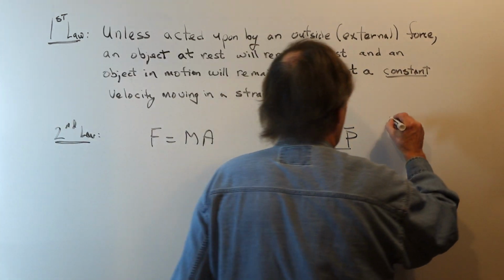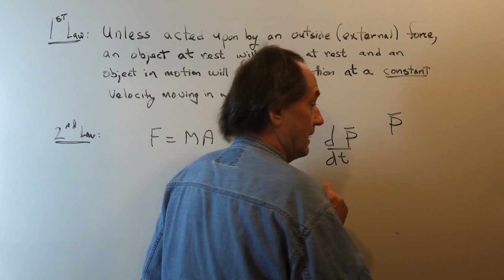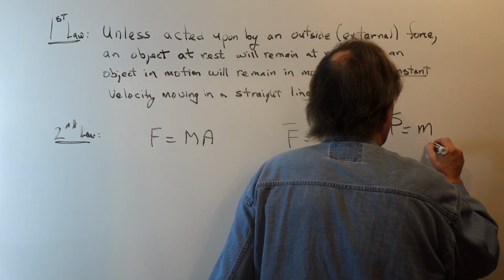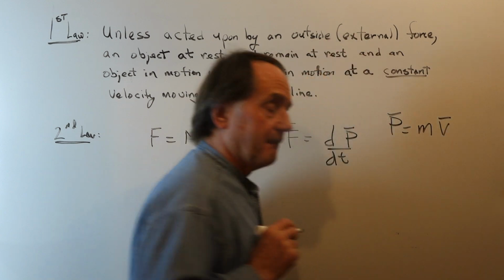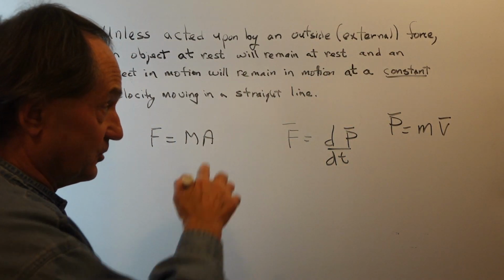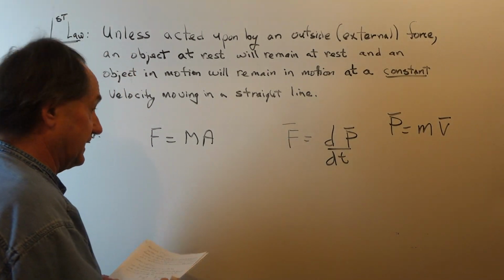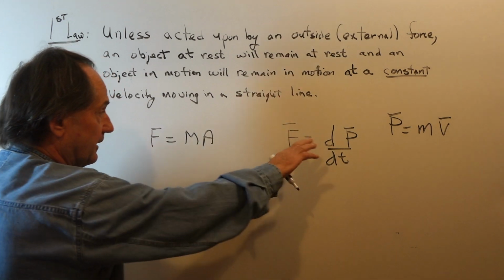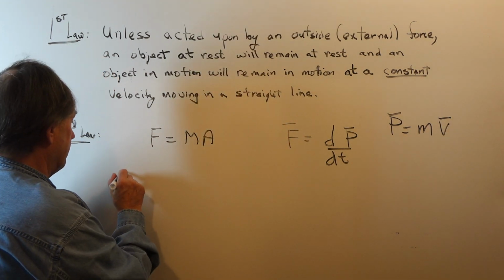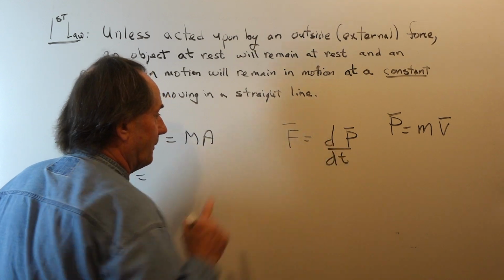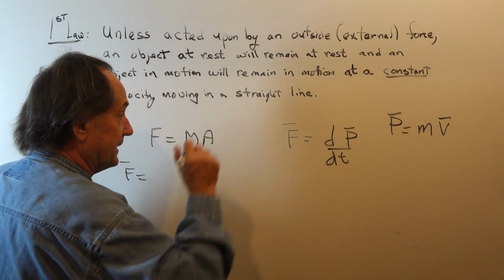And momentum, our vector p, we designate as momentum, is an object's mass times its velocity. And velocity in general has direction and magnitude. That's what the bars on top designate. These are vectors. So if we look at the way Newton stated this, force then will be the time derivative of momentum with time, or rate of change of momentum with time.